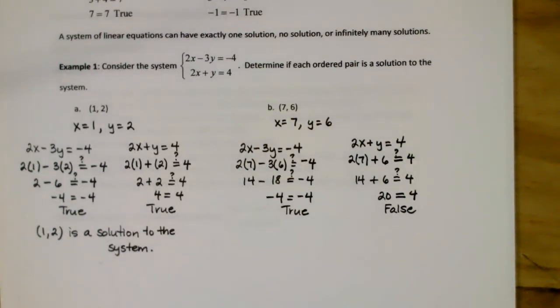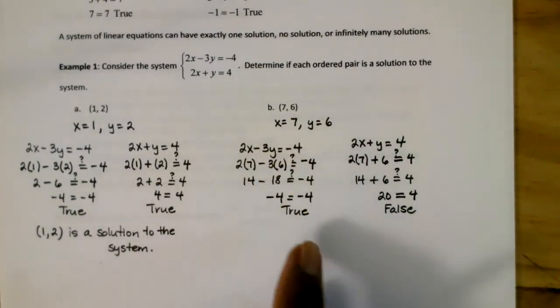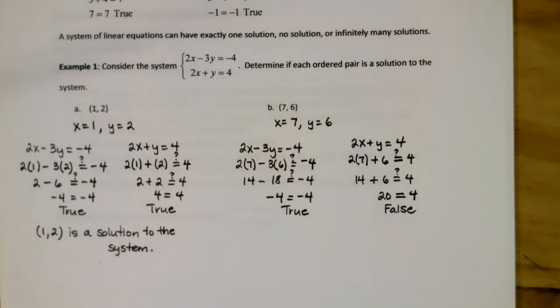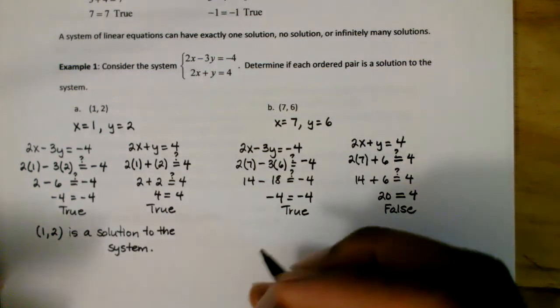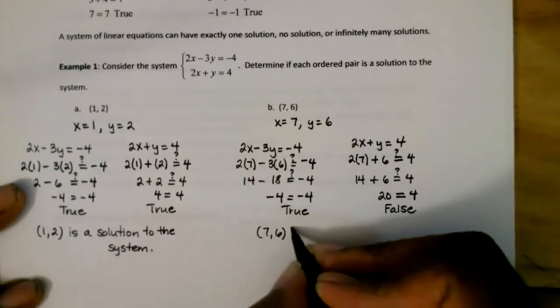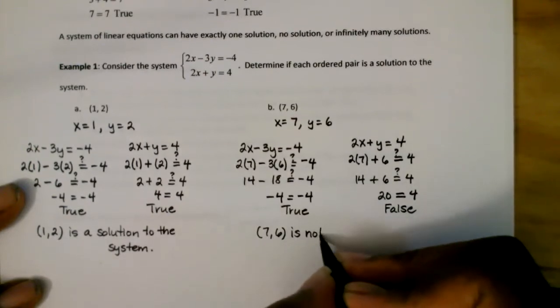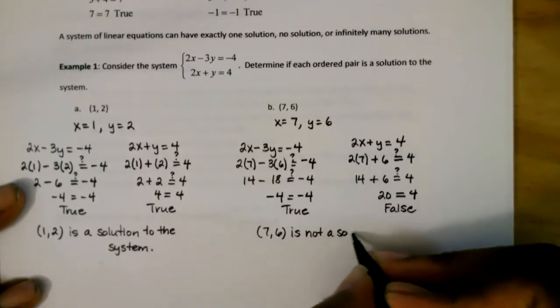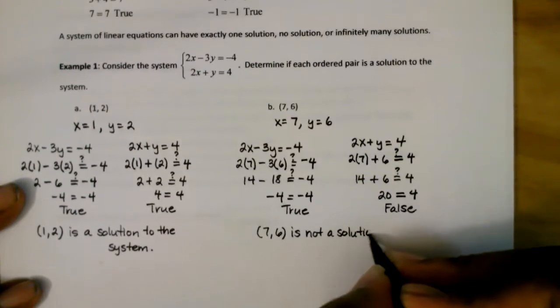So as you can see here, the ordered pair (7, 6) was true for the first equation, but not for the second. So I can conclude that the ordered pair (7, 6) would not be a solution to the system. I can just write the ordered pair (7, 6) and state that it is not a solution to the system.